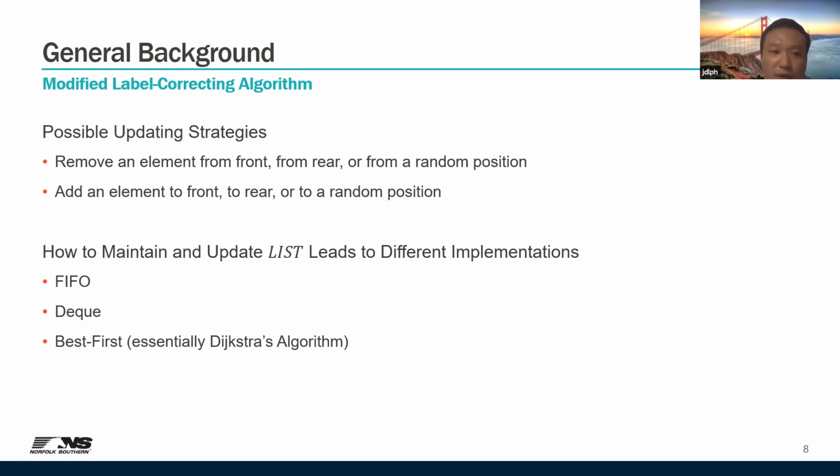Among many of them, we have three very well known, very efficient implementations: the FIFO implementation, the deque implementation, and the best-first implementation, which is essentially Dijkstra's algorithm. But notice that we actually don't have an official name for the last implementation, and we will come back to this naming later when we reach there.